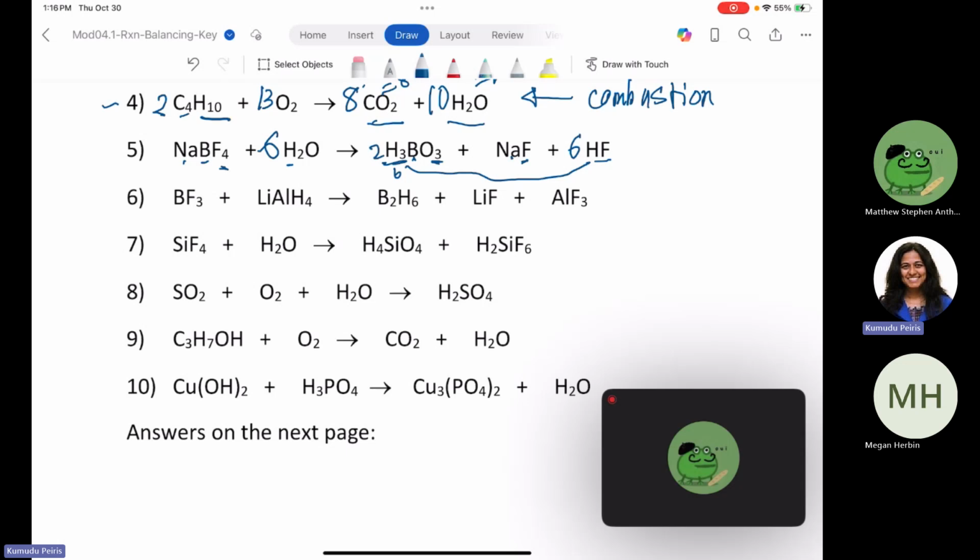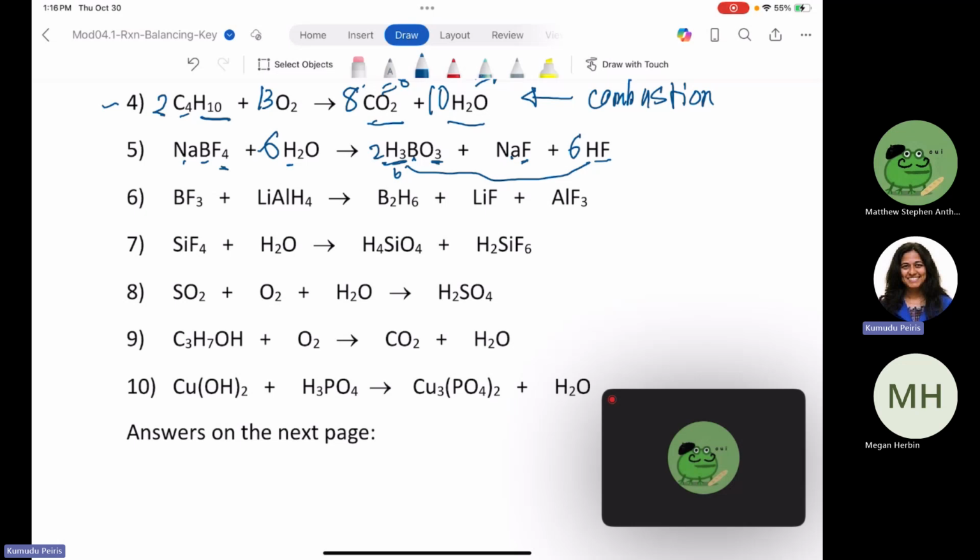Understand? Okay. Now, what's going to be the next thing I should do? Now I have 6 here and 6 hydrogen, so it's going to be 12. Right. So I balance the number of hydrogens and oxygens.